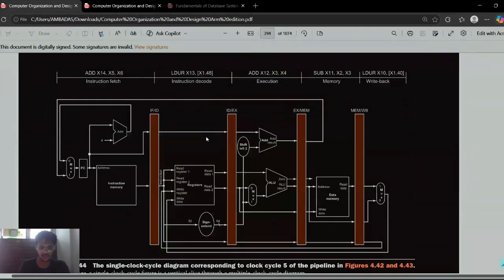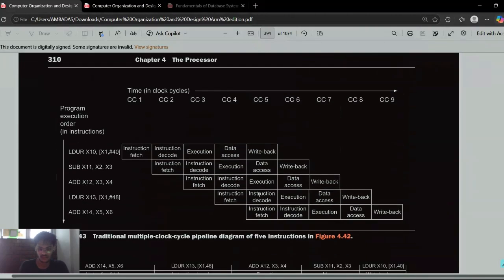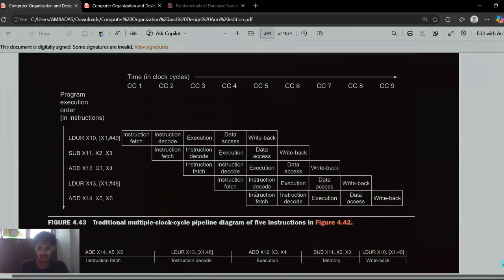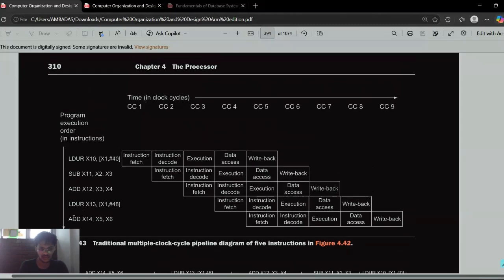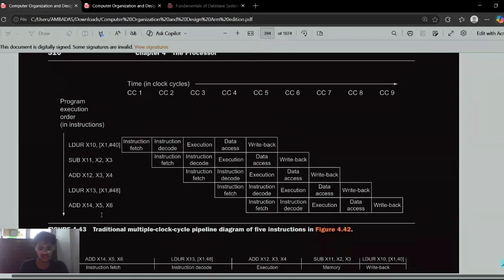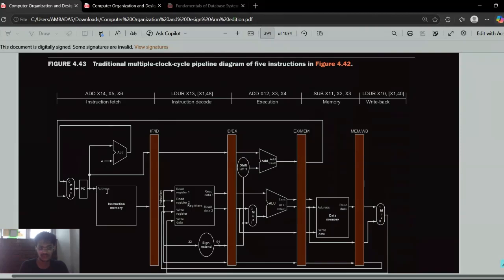And as you can see, when this first load instruction advances to write back stage, the last add instruction enters the instruction fetch stage.